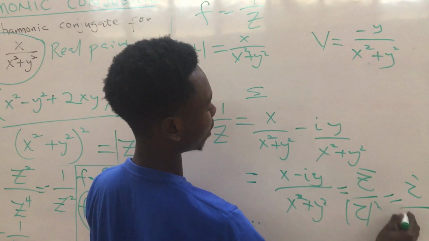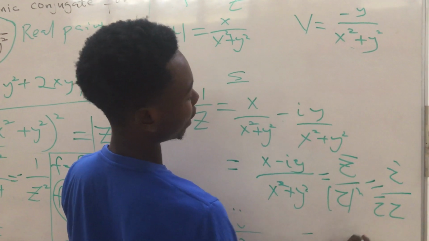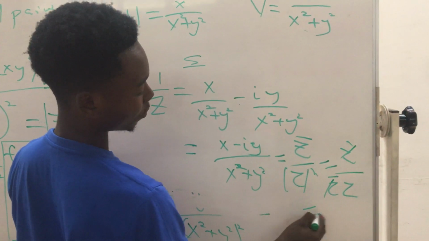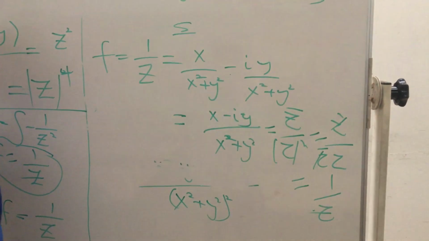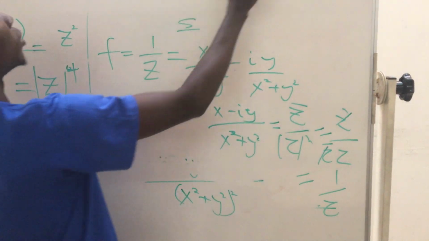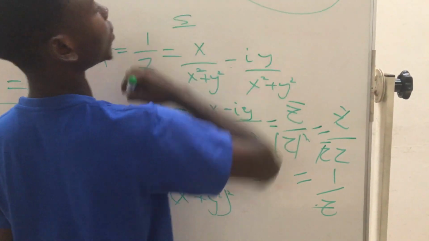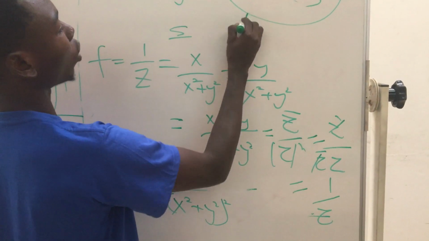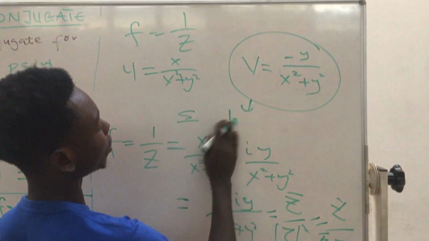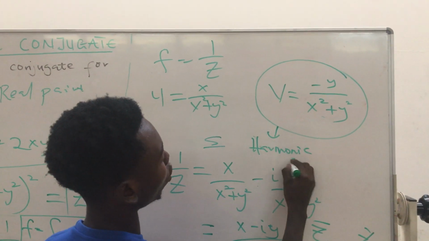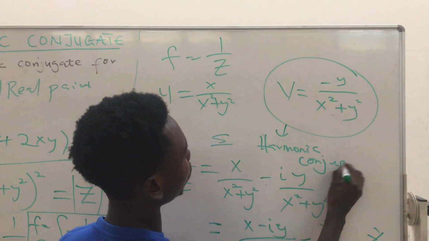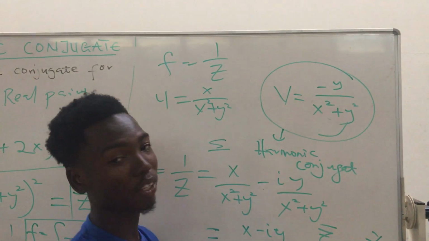This is the same as z conjugate multiplied by what? Z. So this will cancel this. Then we are having what? 1 over what? Z, which is what? Our function. So that means what? This imaginary part is now what? Our harmonic conjugate. Thank you for watching.